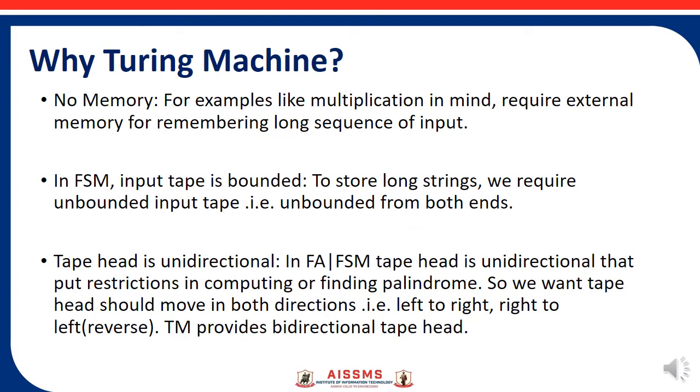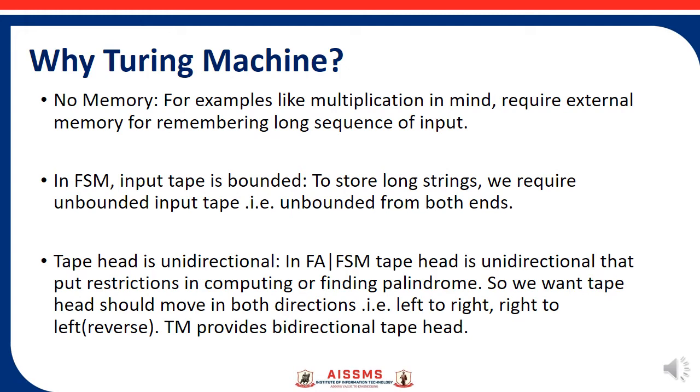So why Turing machine? These are certain points because of which we say that Turing machine is more powerful as compared to all the other finite automata. First, memory. For example, multiplication, which we took as an example in the earlier slide, required external memory for remembering the long sequence of input.